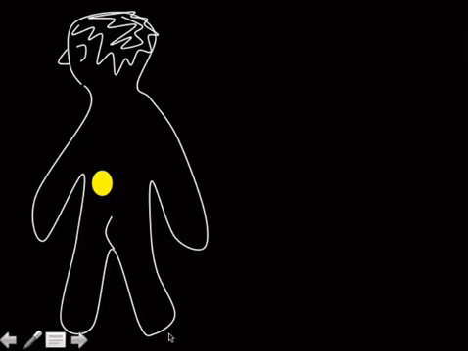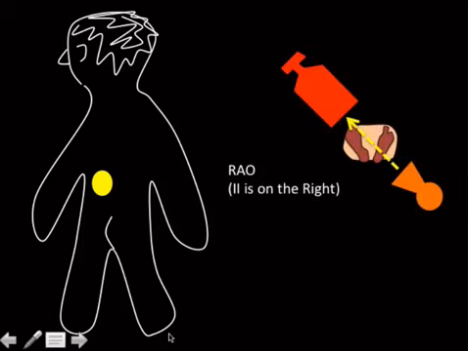And you may be thinking to yourself, why would it be on the left side of the back? I thought that the liver's on the right side. That's true, but remember how we name these things. So the II is on the right side of the patient, and we're imaging through to get to the liver over here. So this is where the skin gets burned, right at the entry site.